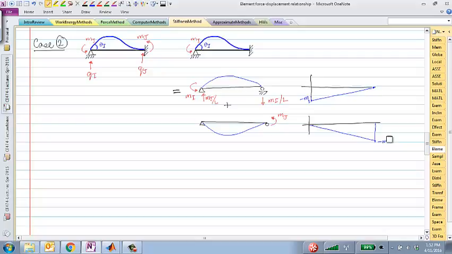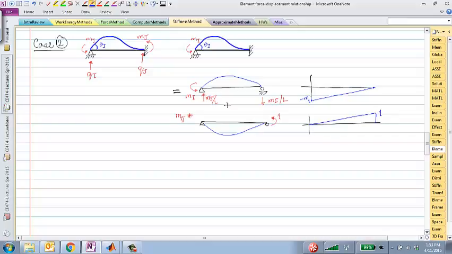And what I'll do is, instead of marking it as mj, right now I'll mark it as a unit moment, and I'll say mj multiplied by this unit moment, when added to this diagram, should give me back the original problem that I was trying to solve. So this would be negative, sorry, it should be positive. It's a positive bending moment.